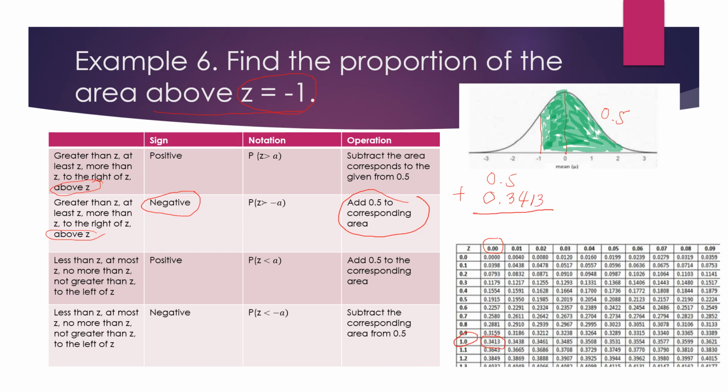Since you're going to add, let's add three zeros. So 0.5000 plus 0.3413 is 0.8413. And the area of z equals negative 1 is equal to 0.8413.